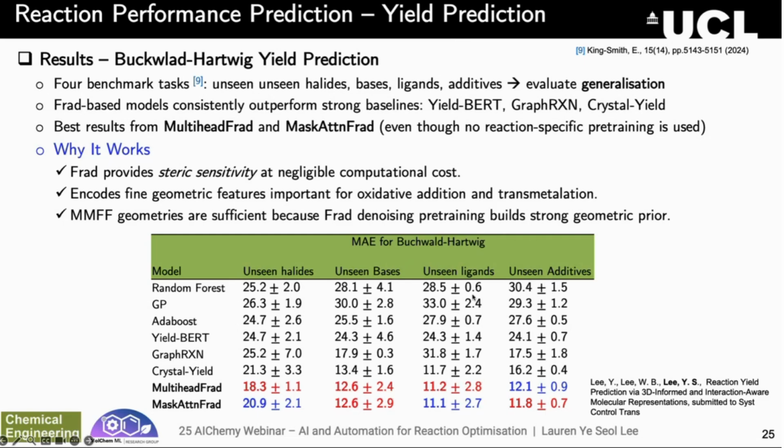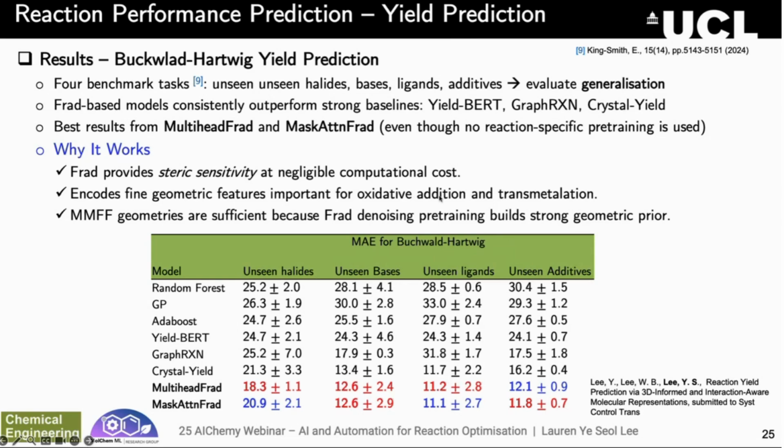And what is particularly worth noting is that the model does not use any quantum mechanical geometry or DFT-calculated steric and electronic descriptors. So fractional denoising pre-training gives it strong geometry intuition, letting it leverage subtle 3D features, and those are important for cross-coupling reactions.